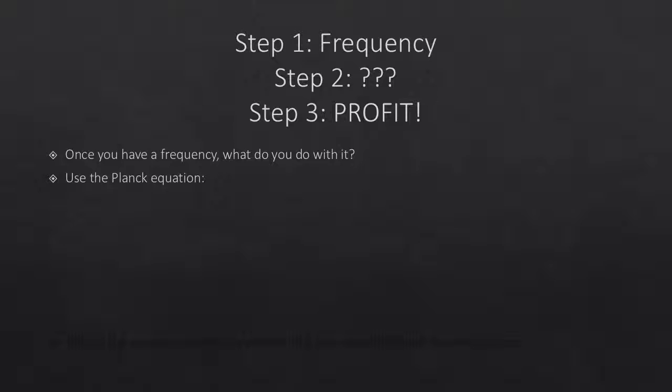So the Planck equation: energy is Planck's constant times our frequency, which is given this kind of weird curly v symbol that's actually pronounced nu. So this here is nu, it's the Greek letter, and this is our frequency.